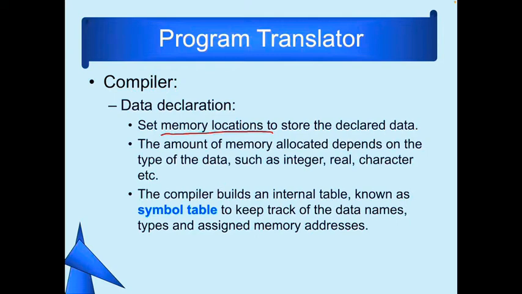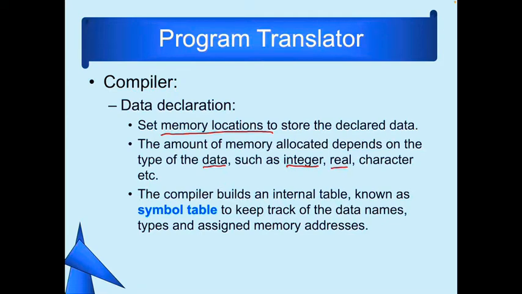When we have a memory location, that means we know the amount of memory allocated, and this will depend on the data. For example, if we declare an integer, we will have a certain location for memory.